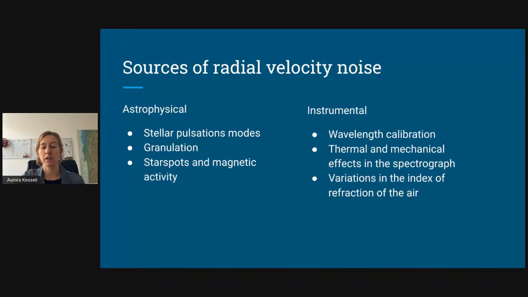On Tuesday, we talked about how you have to take these wavelength calibrations, and how if you need very high wavelength precision, you're going to use one of these arc lamps. So definitely for high precision radial velocity, you need to use arc lamps. You can't just use the sky lines for your wavelength calibration. And then there are also instrumental effects, like we talked about 2 days ago, with thermal mechanisms in the spectrograph changing very slightly.